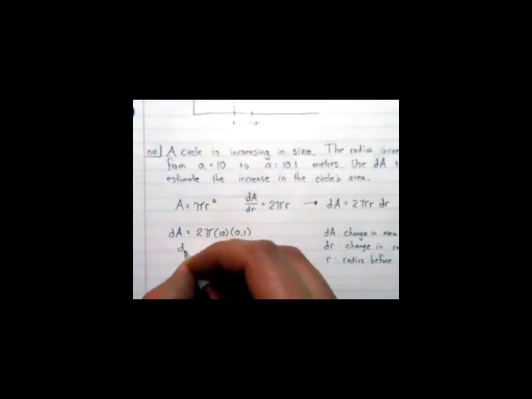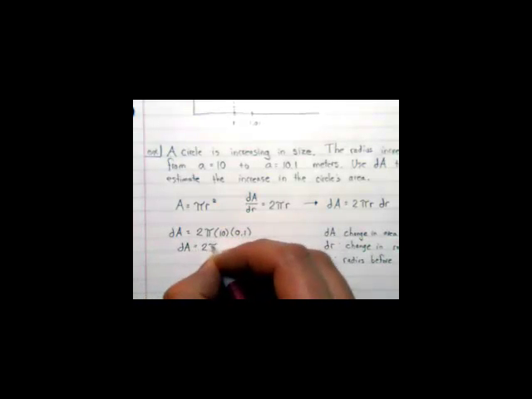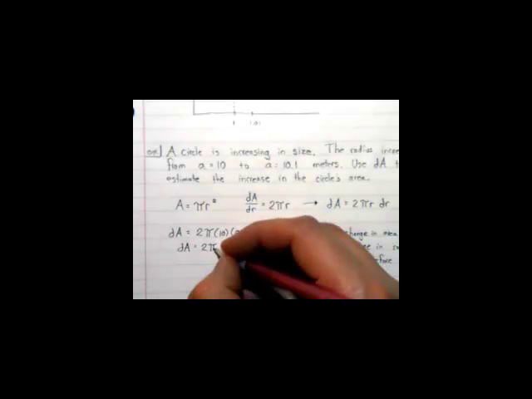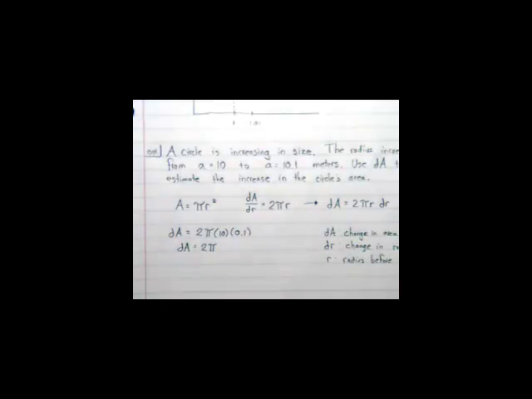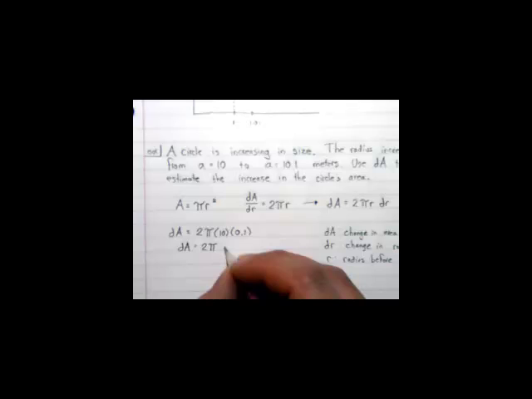So our dA is 2 pi. What should be my unit for that? 2 pi what? Meters squared. It's a change in area, right? So it should be a measure of the same as you would have for area.